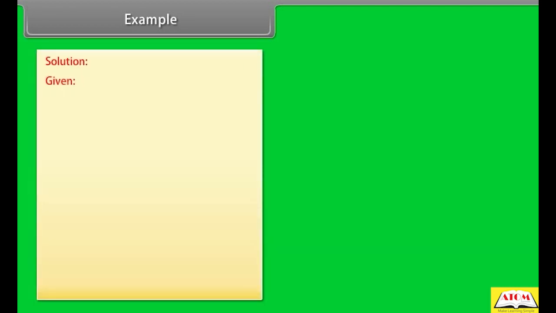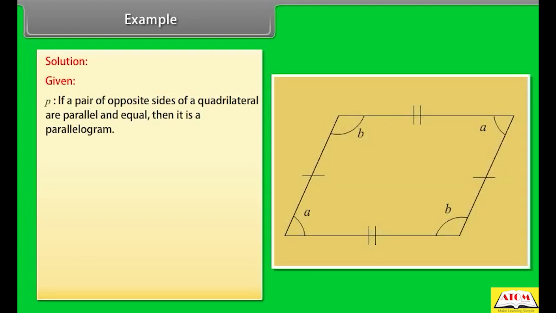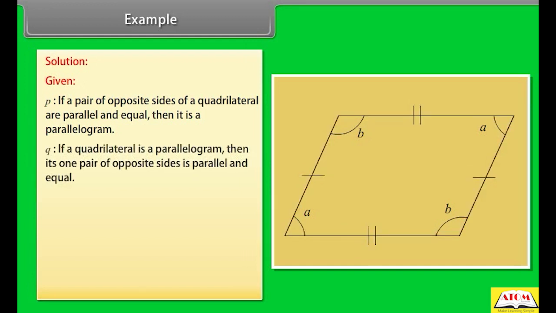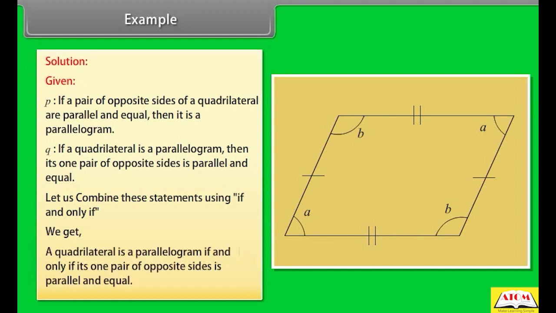P is a statement that if a pair of opposite sides of a quadrilateral are parallel and equal, then it is a parallelogram. Q is a statement that if a quadrilateral is a parallelogram, then its one pair of opposite sides is parallel and equal. Solution. Let us combine these statements using if and only if. We get: a quadrilateral is a parallelogram if and only if its one pair of opposite sides is parallel and equal.